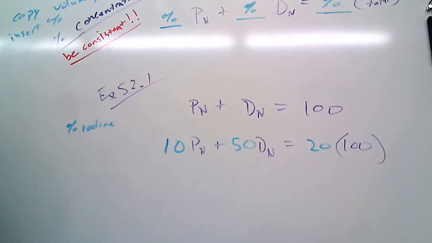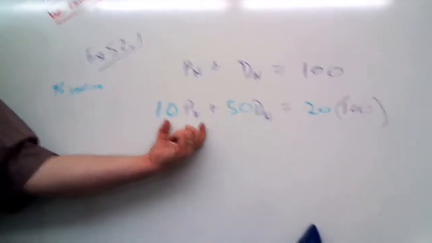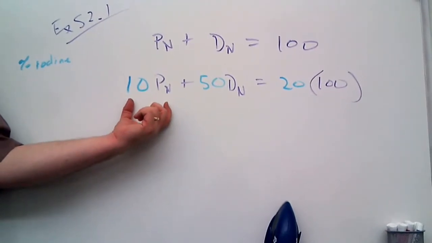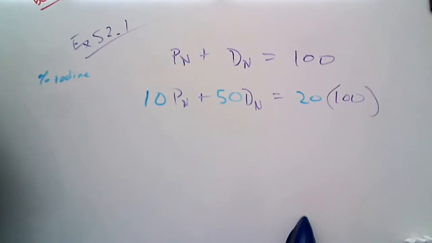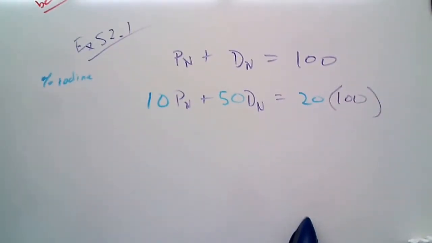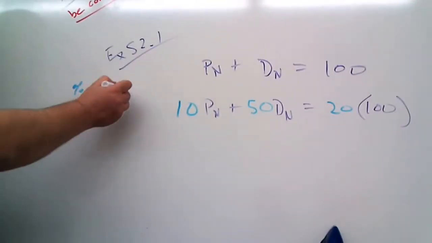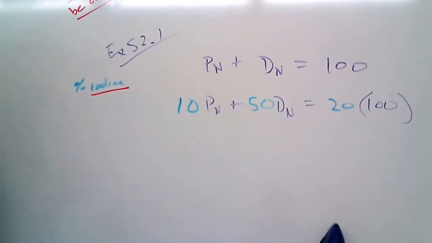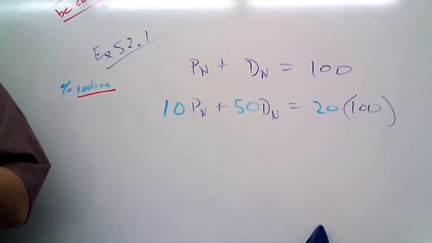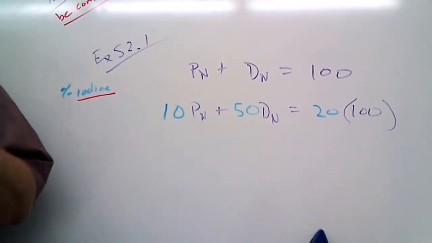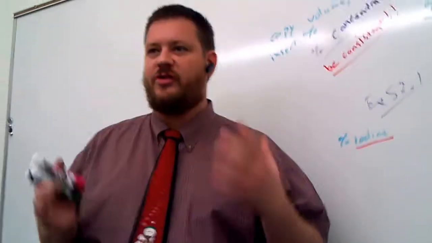Now in this problem, it said that this stuff is 10% what? Iodine. 10% iodine. So if we're talking about percent of iodine, now, how many of you have taken chemistry? Either are in or have taken chemistry? About half of you. In chemistry, what does the word solution mean?